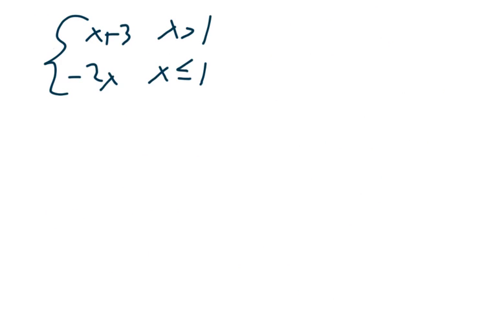So for this piecewise function, I'm going to plug in 1. And when I plug in 1, I'm going to have the limit. This would be the limit from the right side, which we talked about later in this section. And I get 1 plus 3 equals 4. And when I plug in to the 1, which gives me numbers to the left of 1, I get the answer of negative 2.